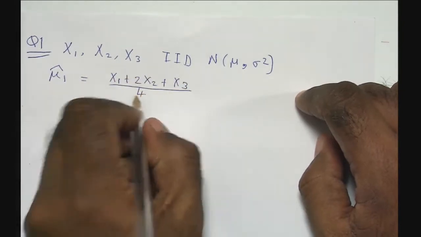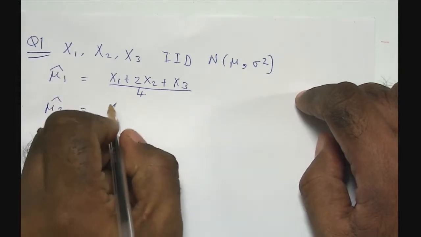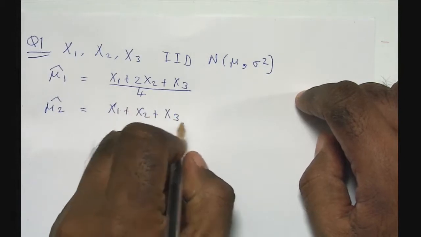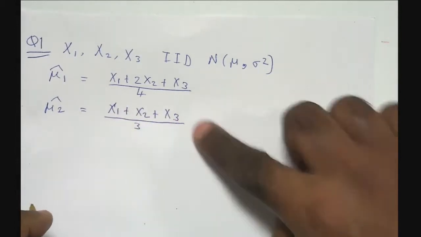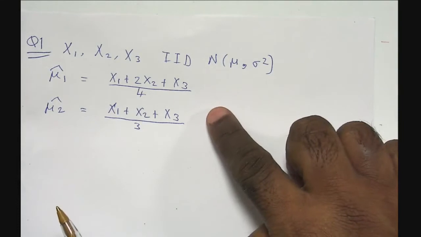This is the first one. The second one is... so these are two possible estimators. So the question is to see which one is better and why, right?